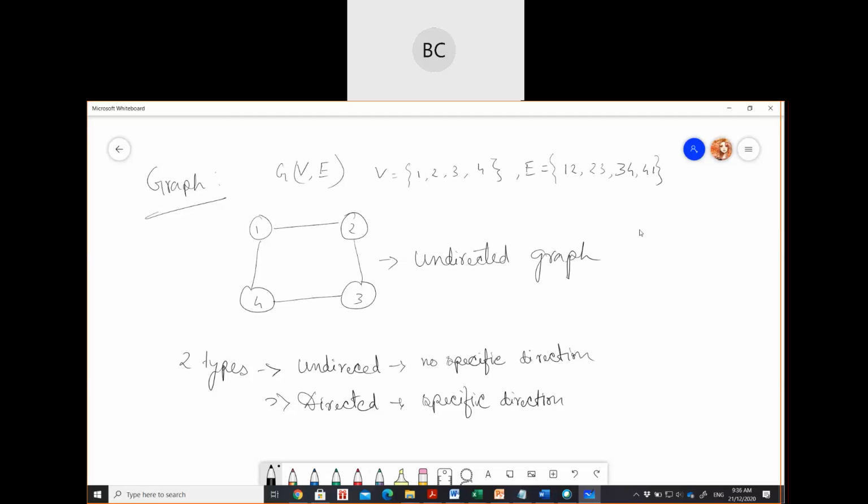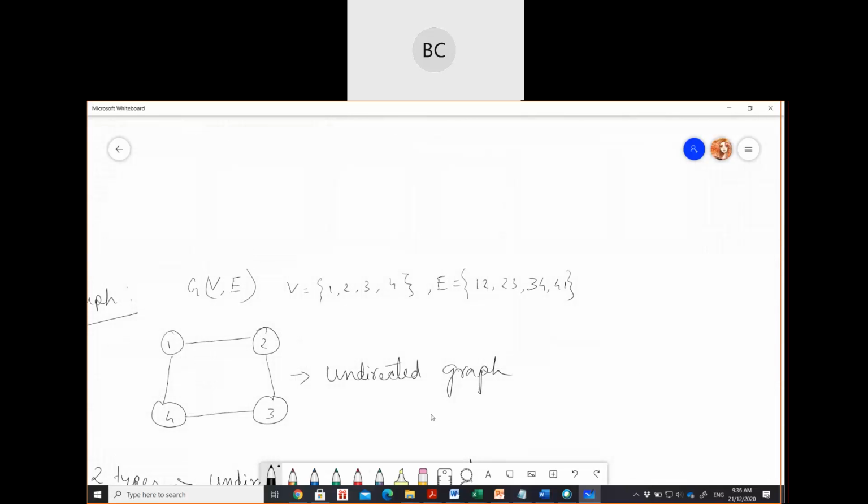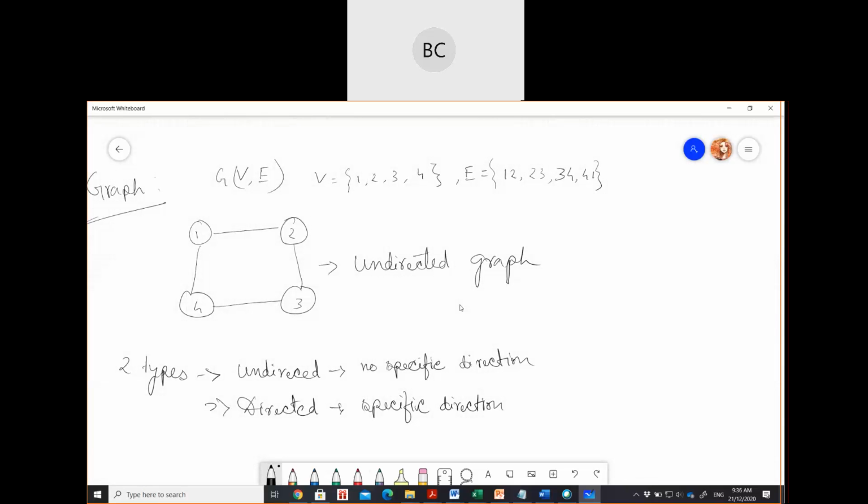You can also say that an undirected graph is a bidirectional graph. Why is it bidirectional? I'm saying this one is undirected, but at the same time I'm also saying it's bidirectional.